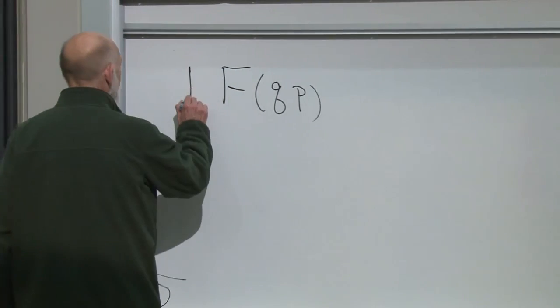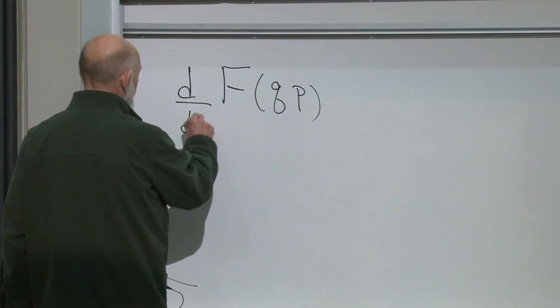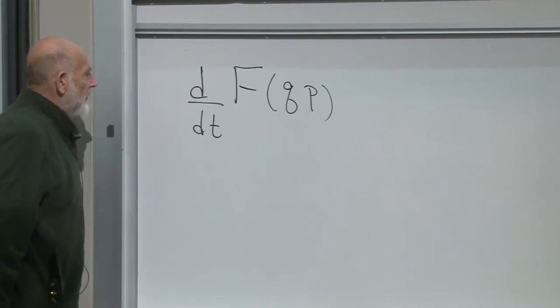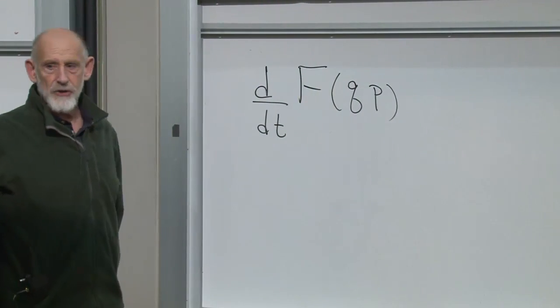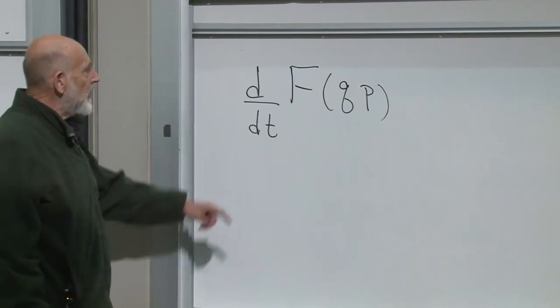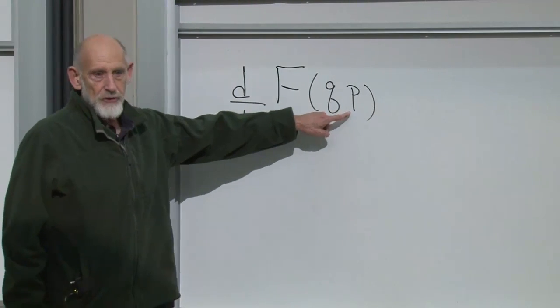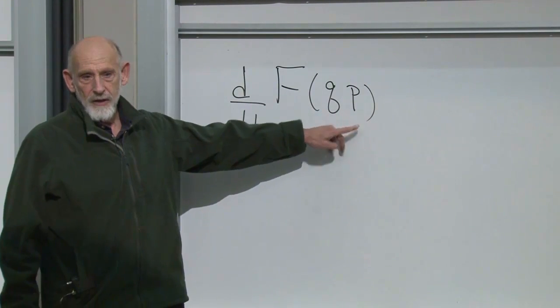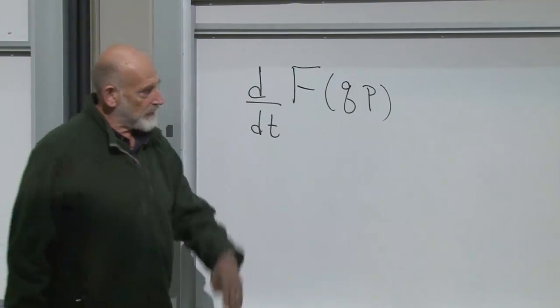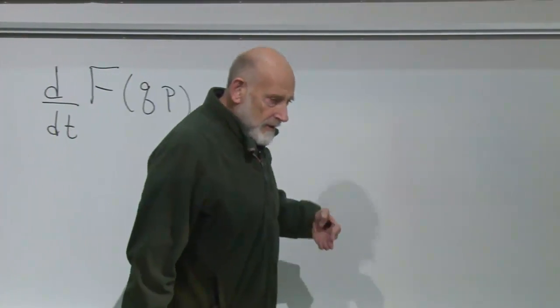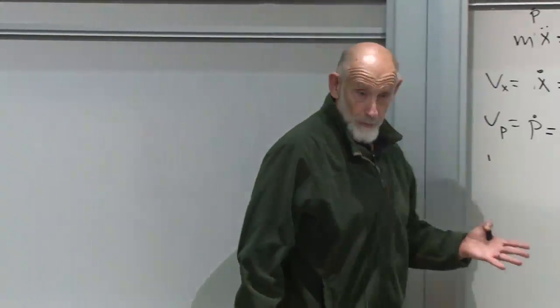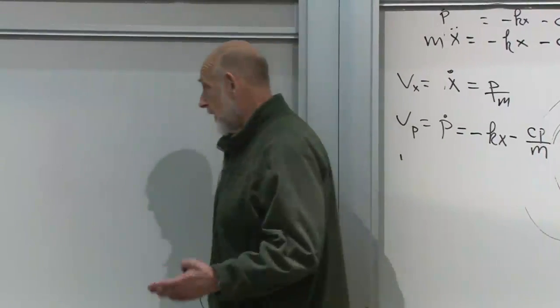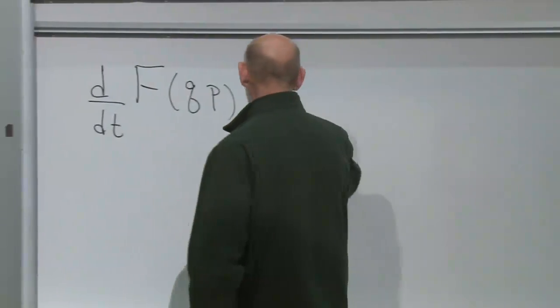And again, the number of tricks here is rather limited. I'm interested in how this quantity changes with time. Now, why does it change with time? It changes because Q changes and P changes. As you follow the trajectory through the phase space, f of Q and P changes just because Q and P change. All right? So how do you calculate this?